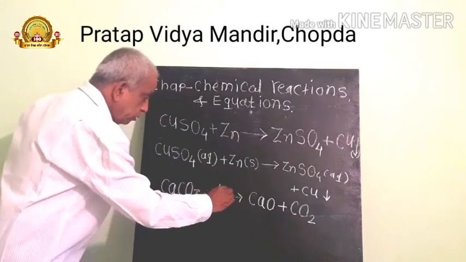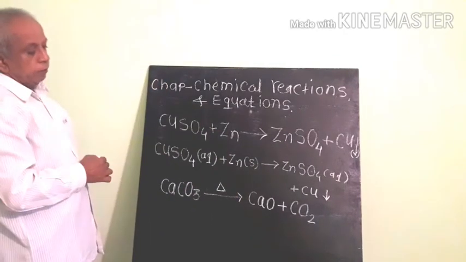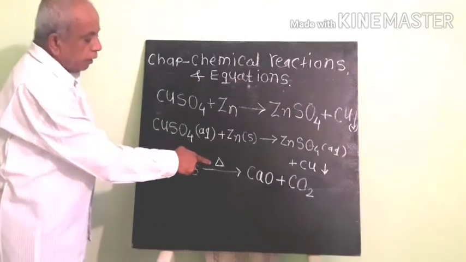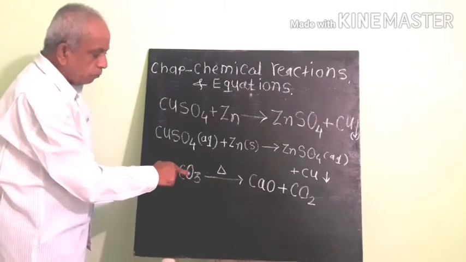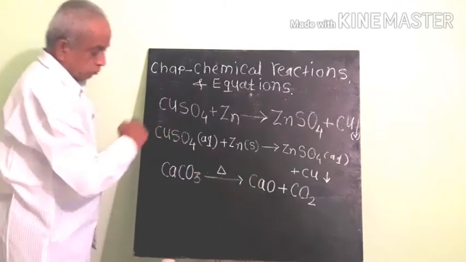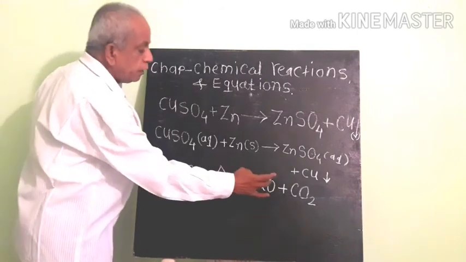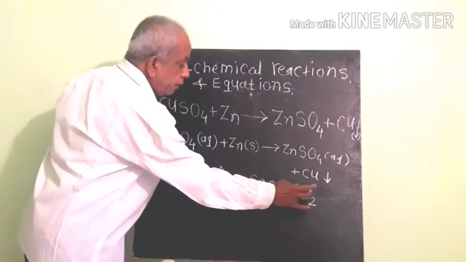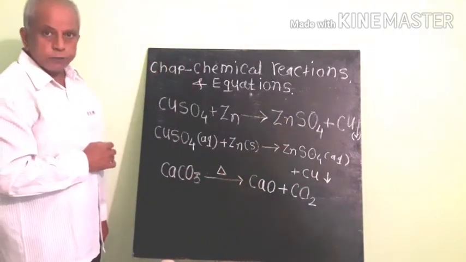So show it in this way; this symbol indicates that for decomposition of calcium carbonate, heat is given. Now in this reaction, calcium oxide and carbon dioxide are the two products.